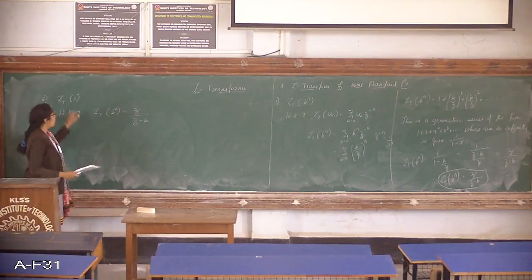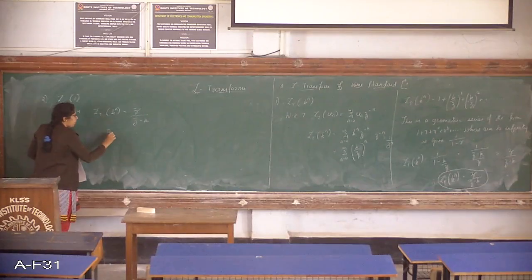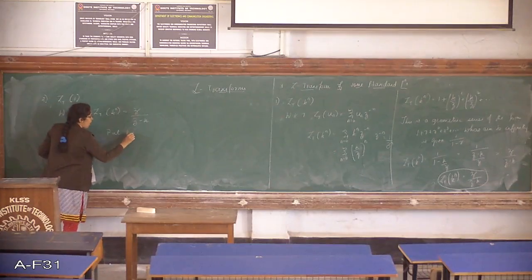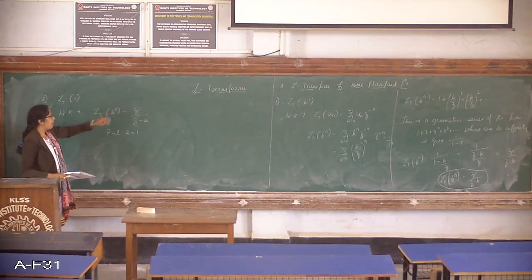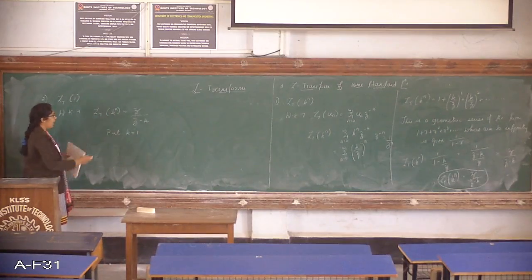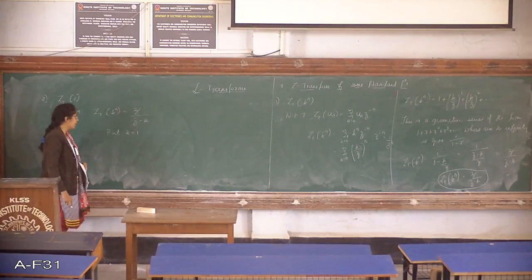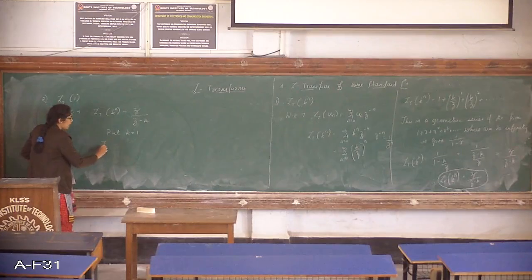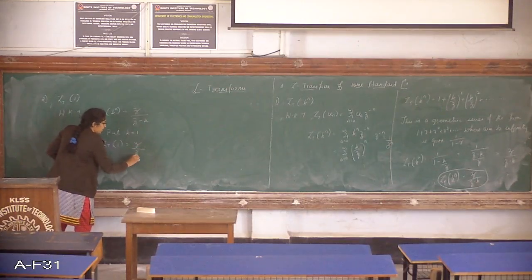Now, I want the z transform of 1. So what I simply do is put k is equal to 1. So if I take k is equal to 1 here, I shall have 1 raised to n, and n is taking the discrete values from 0 to infinity. Hence, I shall have the z transform of 1 is equal to z by z minus 1.